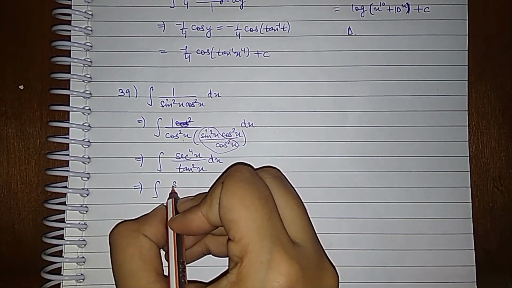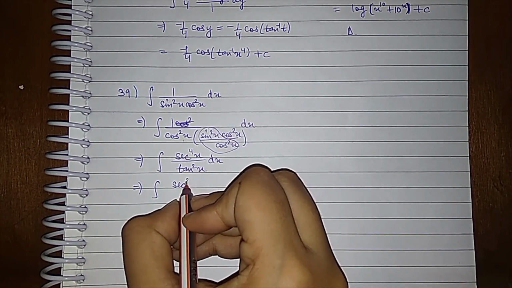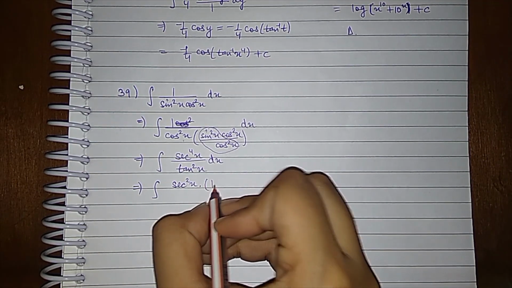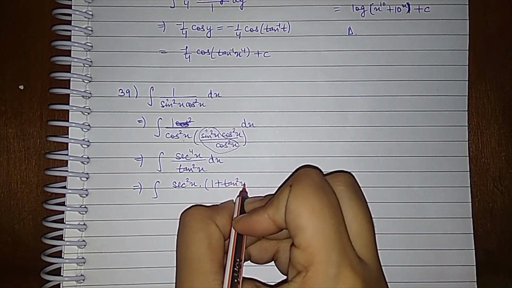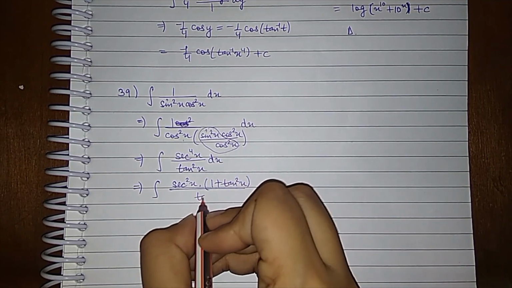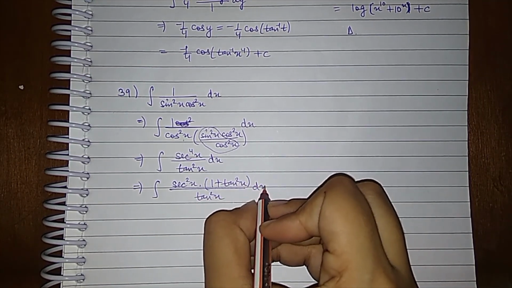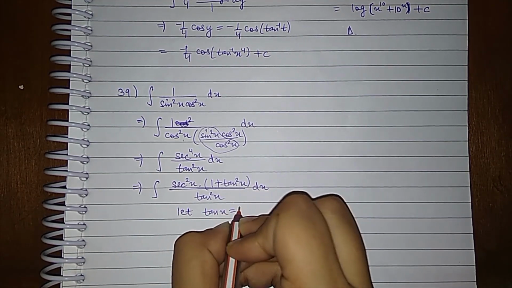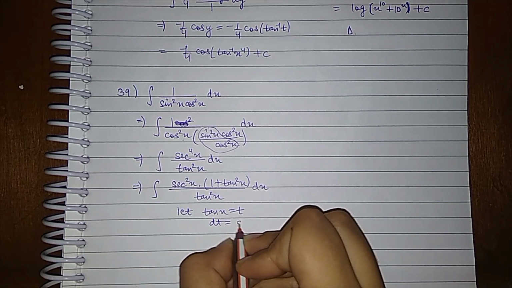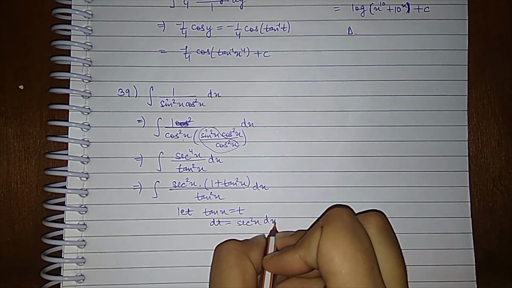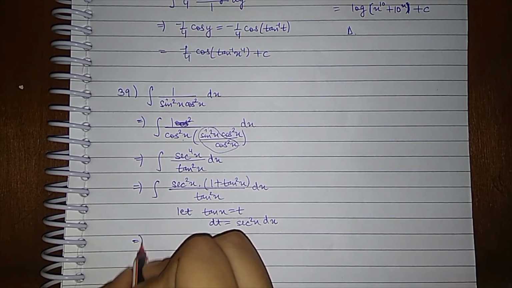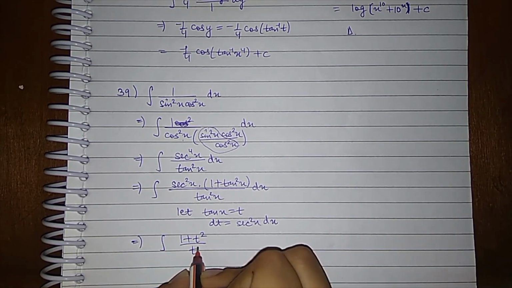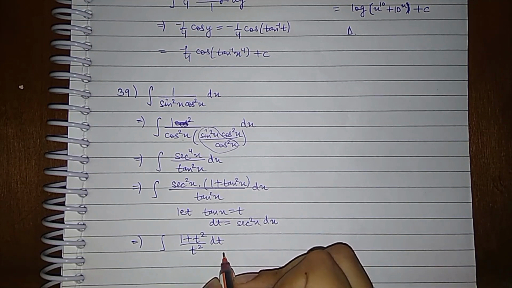Also, this can be further divided as secant square x into the other secant square x. We can write 1 plus tan square x upon tan square x dx. Now let tan x be t, dt will become secant square x dx, which means 1 plus t square upon t square dt.